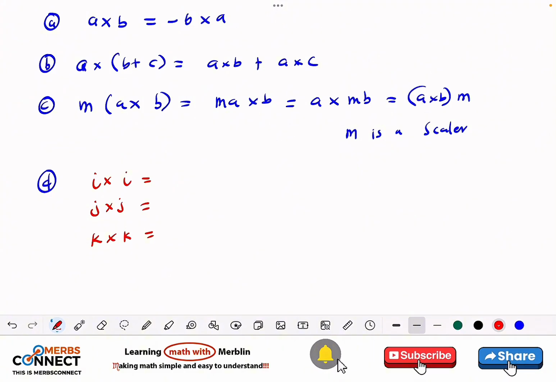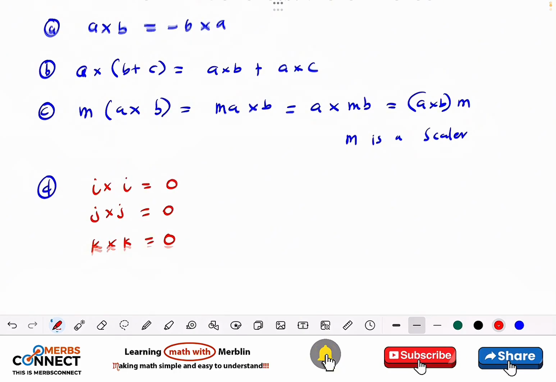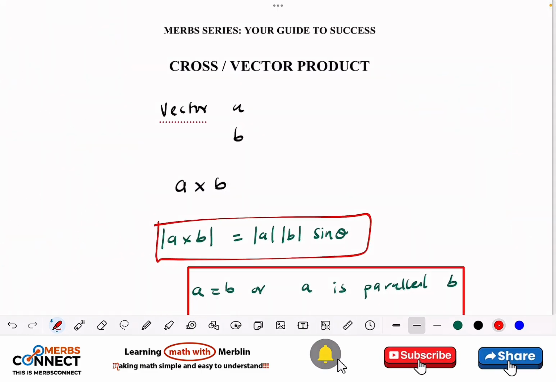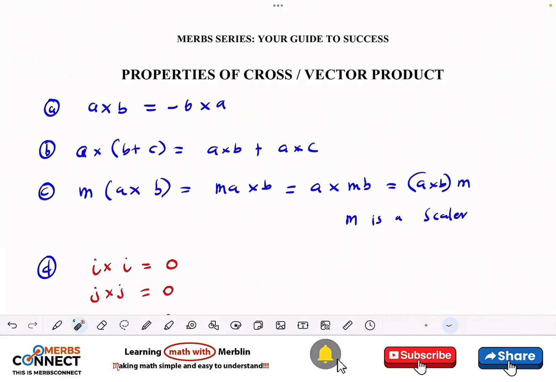But this is cross, so this is going to be 0, this is going to be 0, this is going to be 0. Why? Because they are on the same line. So as I said, whenever A is the same as B, then we have A cross A, which is equal to 0, because they are parallel to each other.